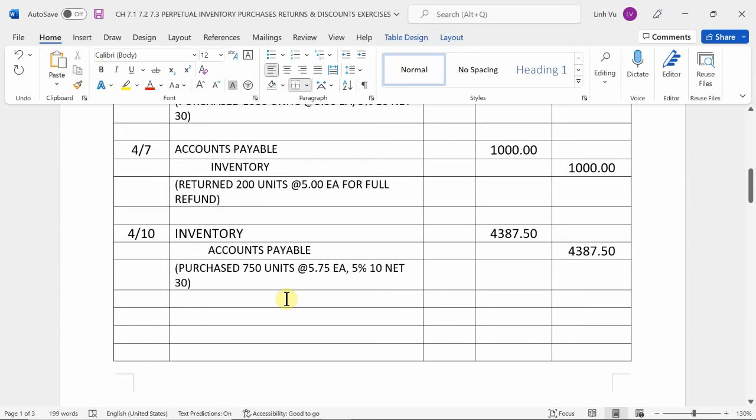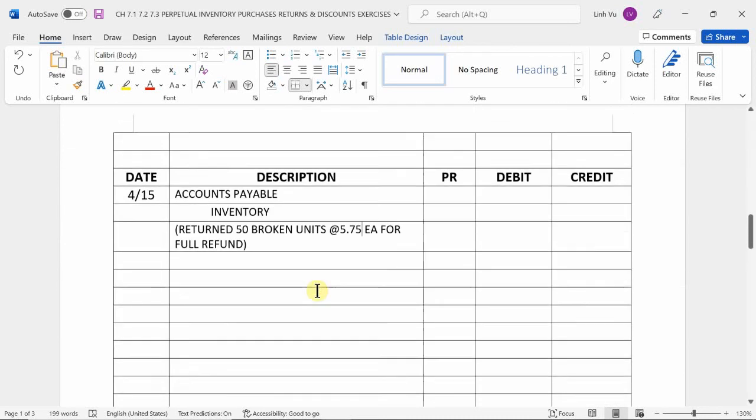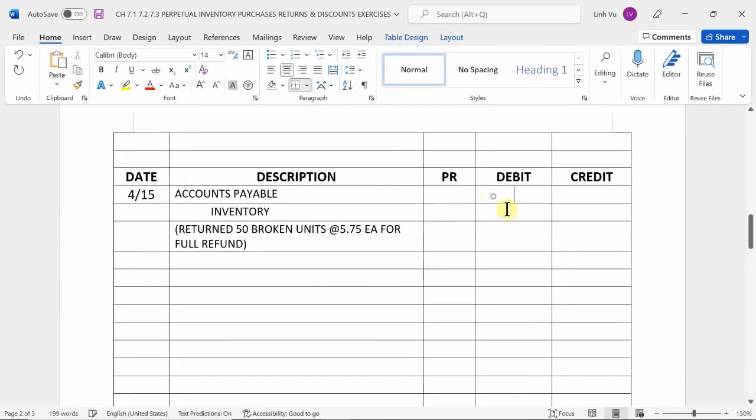You purchase new inventory, so you open it up, and it's going to be that last batch of inventory that you just purchased. So in this case, it's going to cost me $5.75 each. So how much is the refund going to be for? $287.50. Good. Okay.